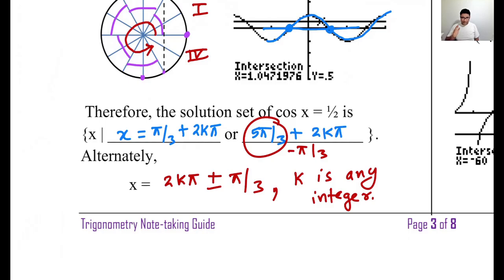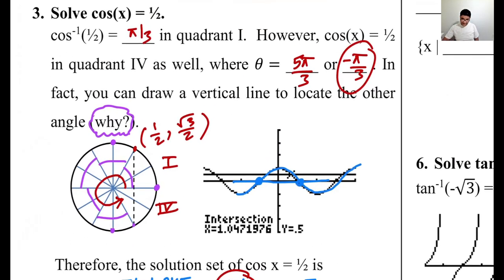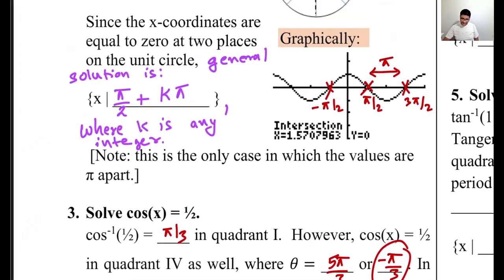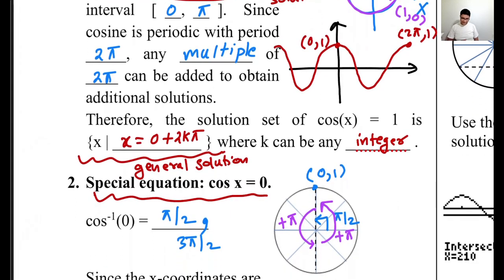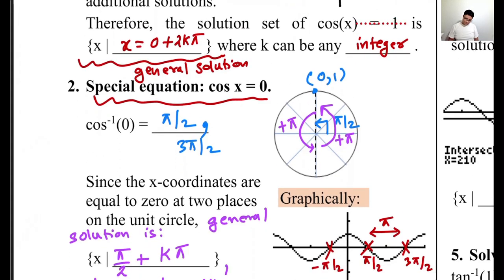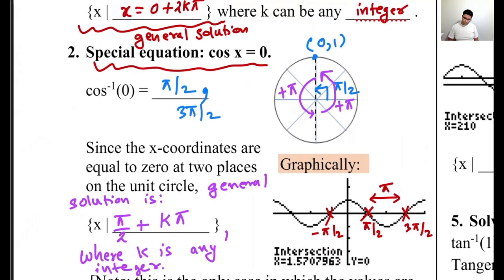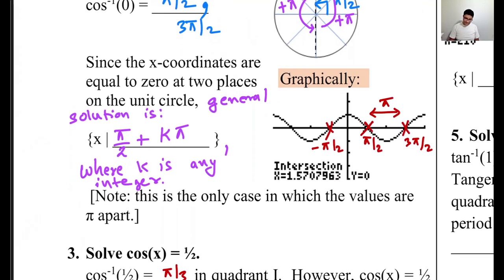Okay, now I will summarize what we discussed in this page. Basically three things. Cos x equal to 1 is a special equation whose solution is 2k pi. Cos x equal to 0 is another special equation, and its solution is pi over 2 plus k pi.